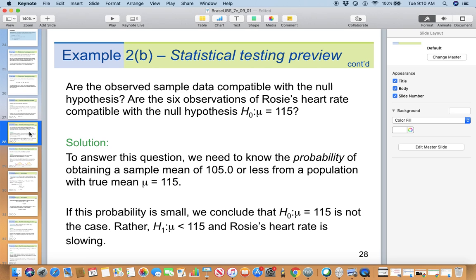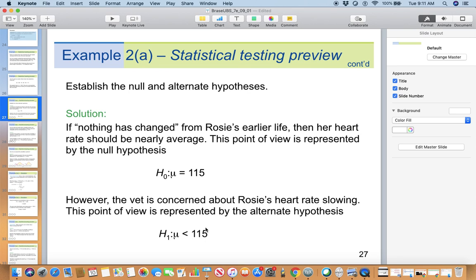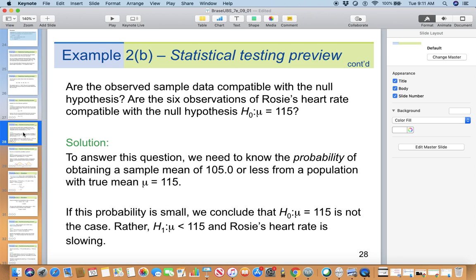Okay, so we are away from 115 and we are less than 115. So the question is to find the probability of obtaining a sample mean of 105 or less. If this probability is small, we conclude mu equals 115 is not the case.